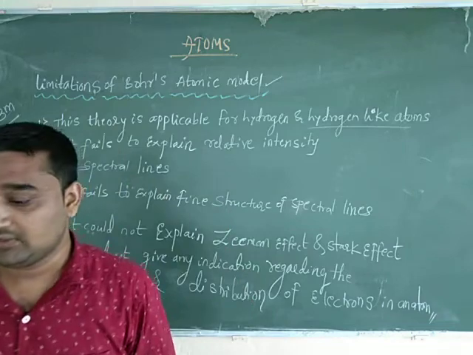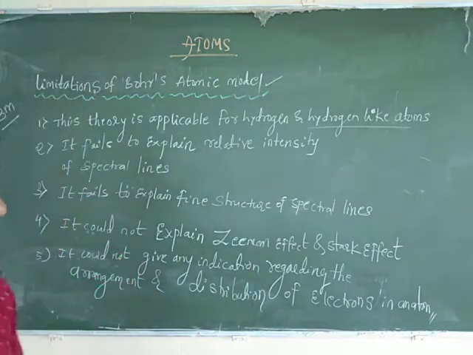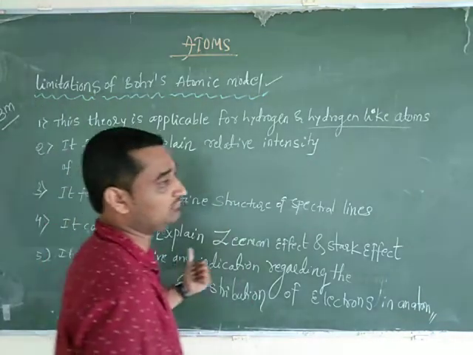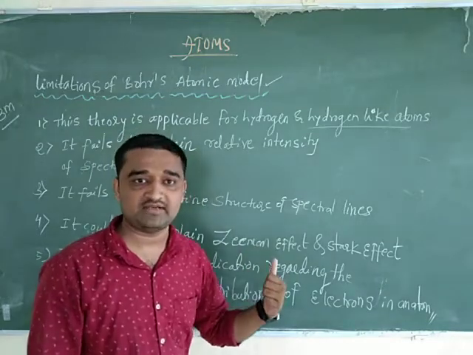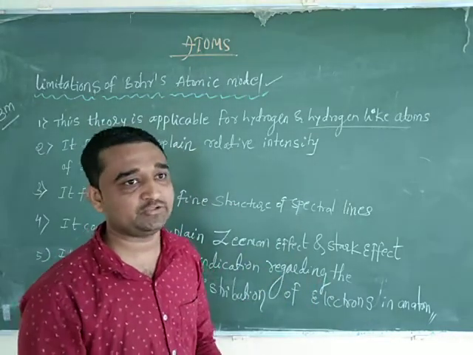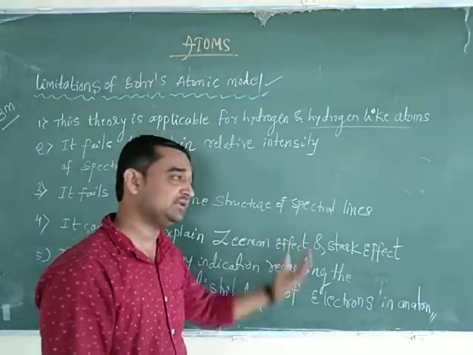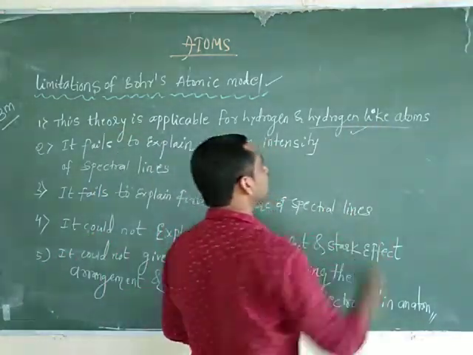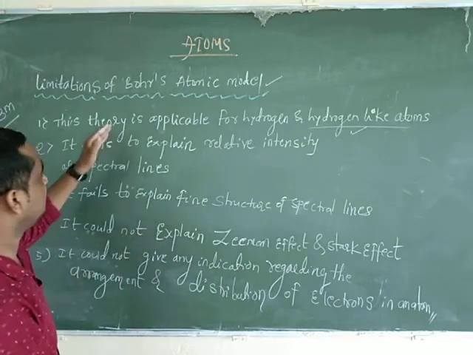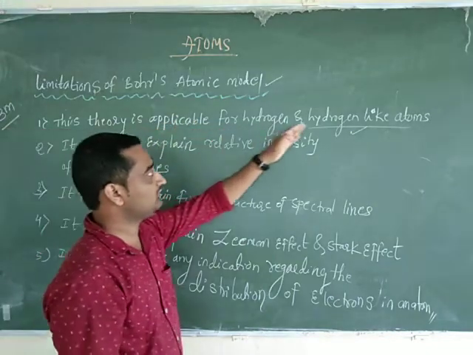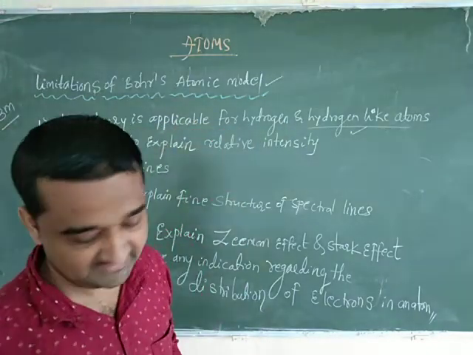The atoms having more than one electron. It fails to explain the spectra of the atoms having more than one electron. It explains only the spectra of hydrogen and hydrogen-like atoms.